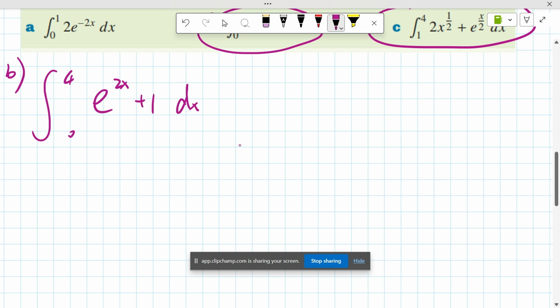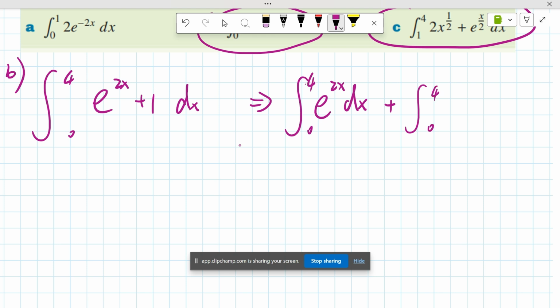If you want to do the integral of e to the 2x dx, remember 2 is your k, so 1 over k, and then plus 1 dx as well. So we can rewrite it as 1 over 2 e to the 2x plus x, from 0 to 4.